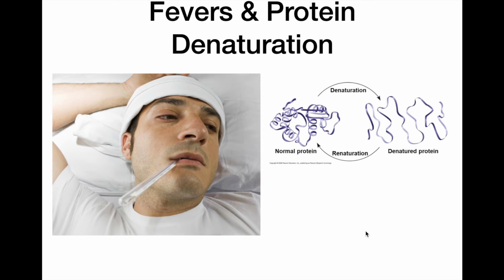So why is it so dangerous when you get a fever? Well, a fever is a sign that your body is getting really hot. It's overheating. And your body does this to increase its immune response to a bacterial infection or viral infection. Increasing that temperature actually helps your body fight off these infections.